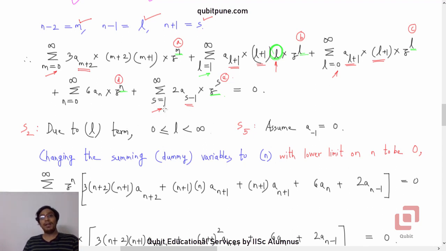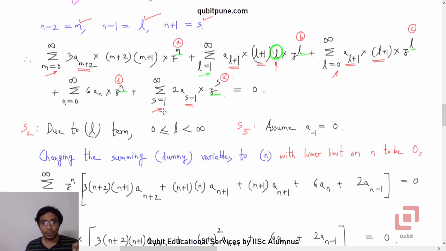Now, having converted every summand in the powers of z, in the powers of the summing variable, let's start to think about the term by term addition of the terms in these 5 sums. Now the problem is the limits. The lower limits in these 5 sums are different: 0, 1, 0, 1, 1.